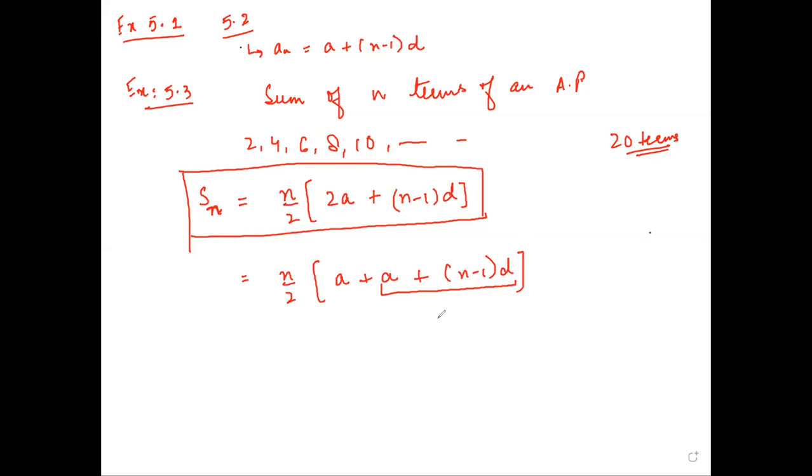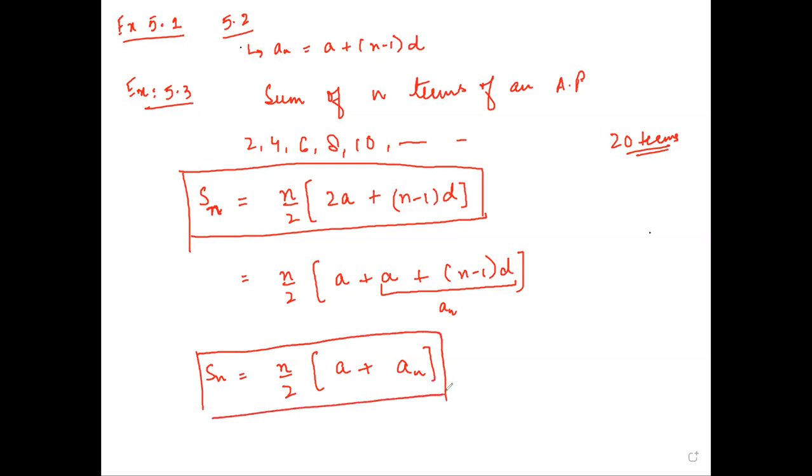Yes, this is an, the formula which we used in the last exercise. So your Sn can also be written as n by 2 into a plus an. This is another representation of the formula.